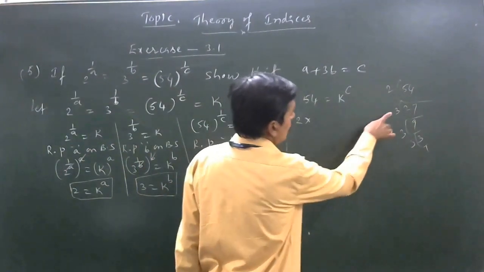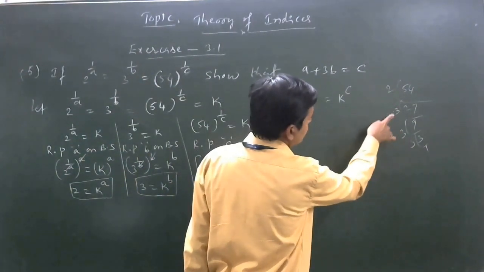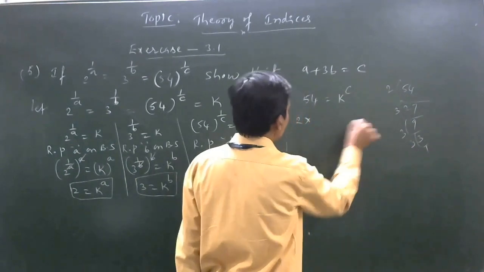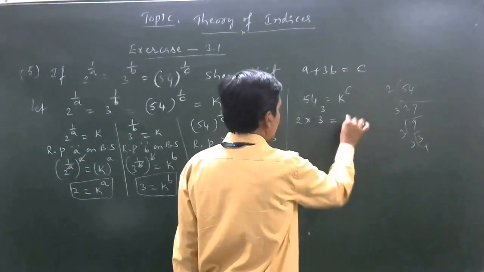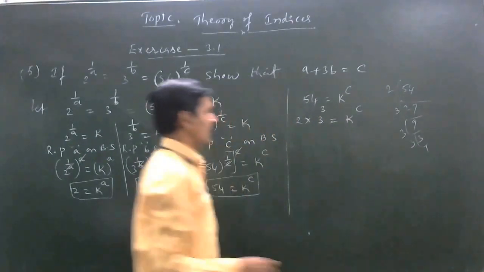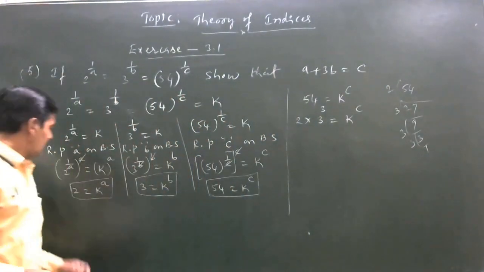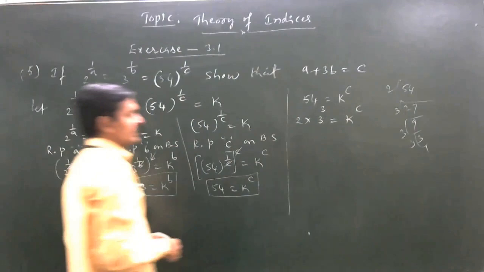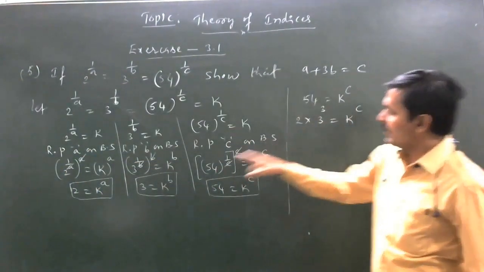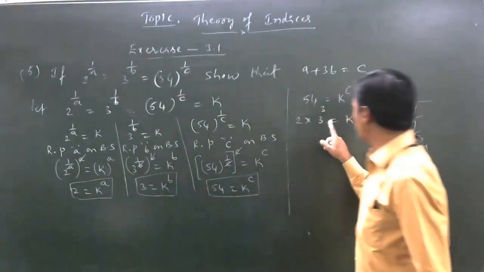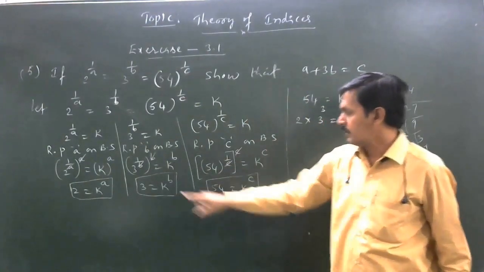2 into 3, which is repeated how many times? 3 times: 3 into 3 into 3. Here 3 cube is equal to k power c. In this equation, put the 2 value and 3 value. What about the 2 value? k power a. What about the 3 value? k power b.